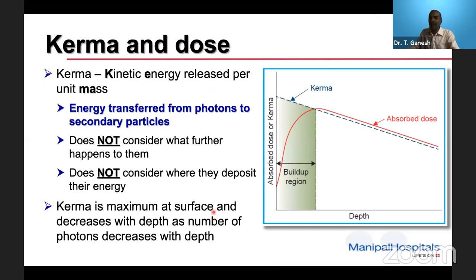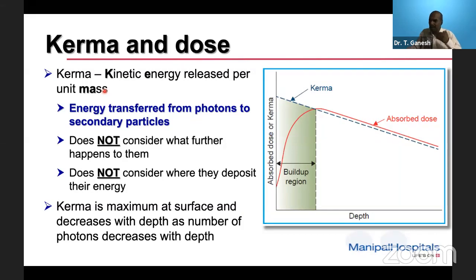It can also be explained by looking into the Kerma and dose concept. I'm sure this would have been taught to you in previous classes. Kerma is nothing but the kinetic energy released per unit mass. Remember the important, key point that you always have to keep in the back of your mind: energy from the photon beam is given to the medium in a two-step process.